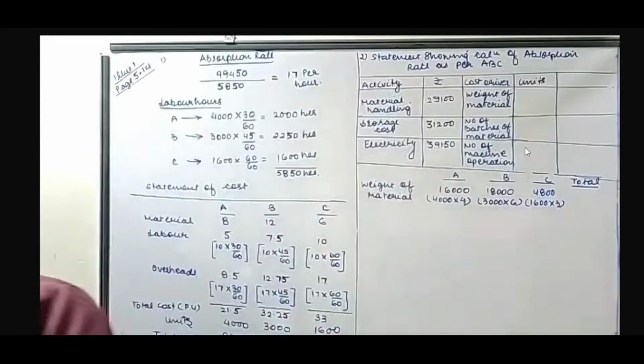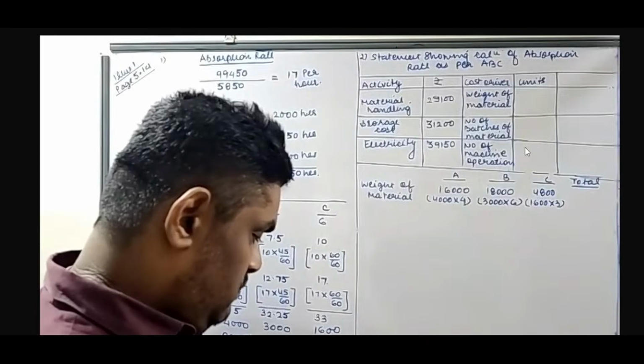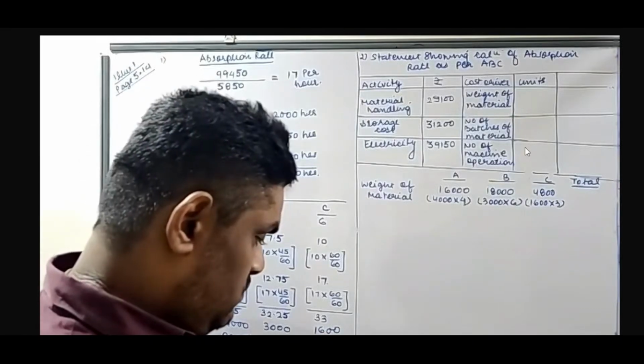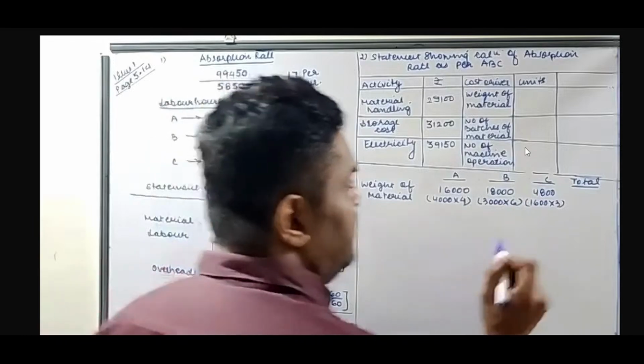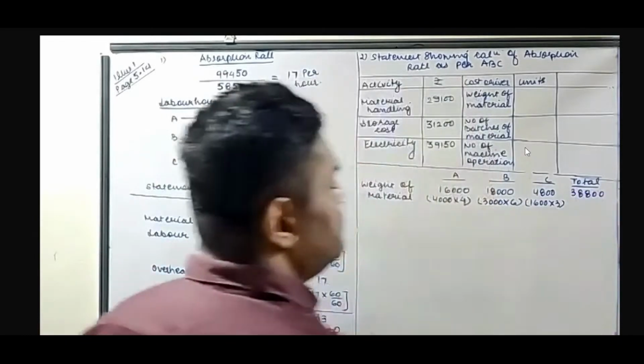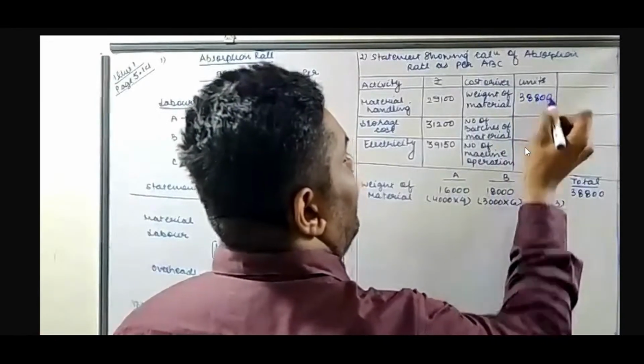So what is the total weight of material? 38,800.